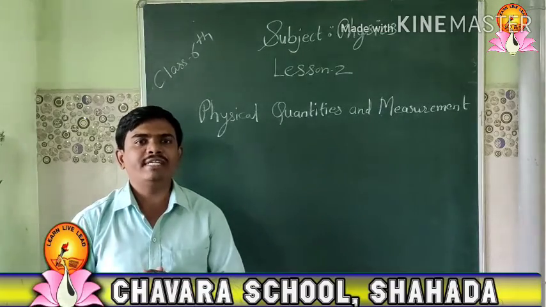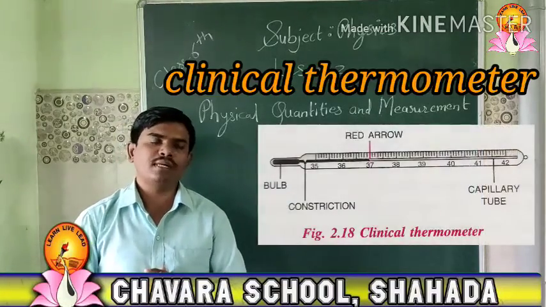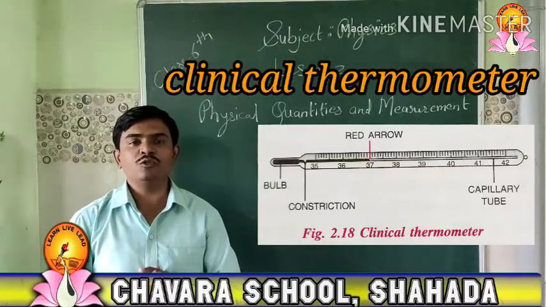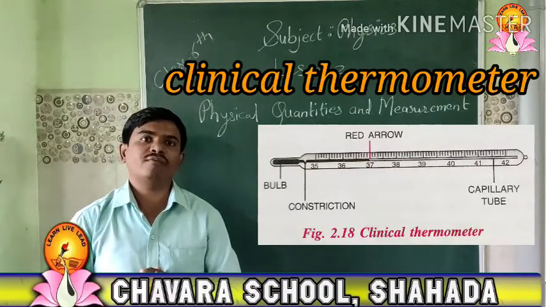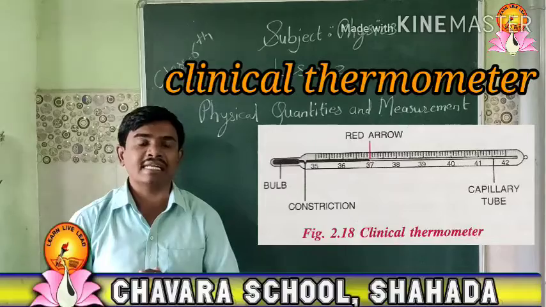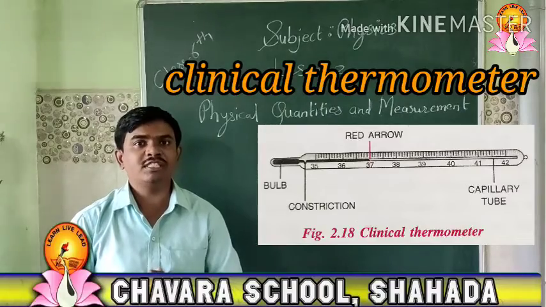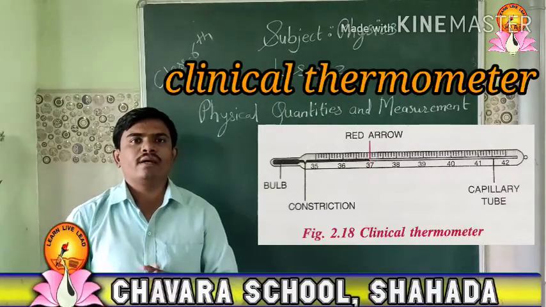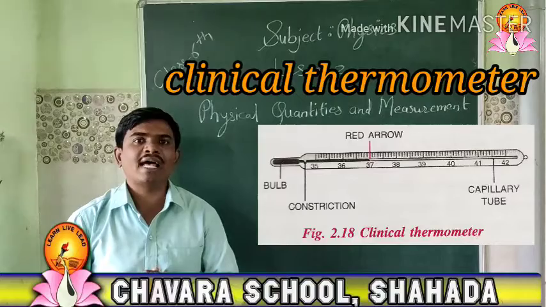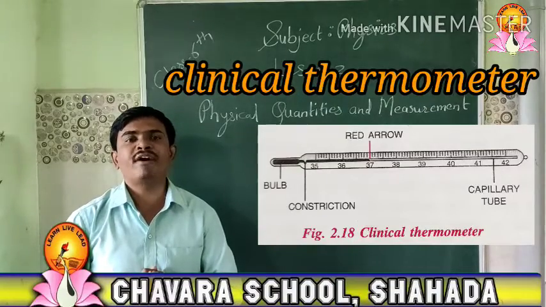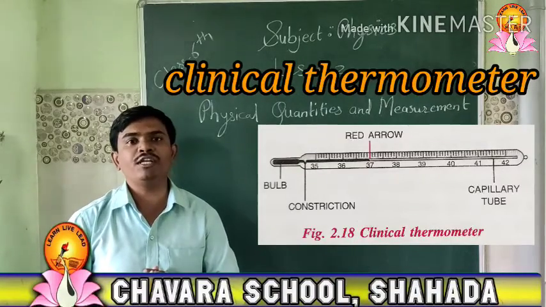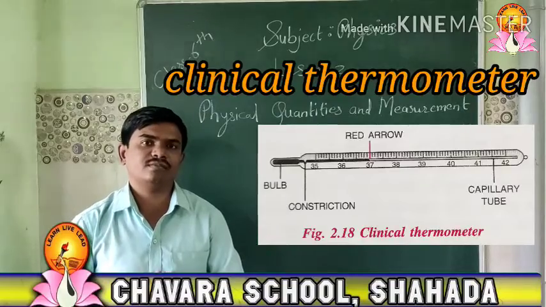Now students, I will teach you clinical thermometer. Doctors use a special type of thermometer called clinical thermometer to measure the temperature of the patient's body. The clinical thermometer has the marking from 35 degrees Celsius to 42 degrees Celsius.